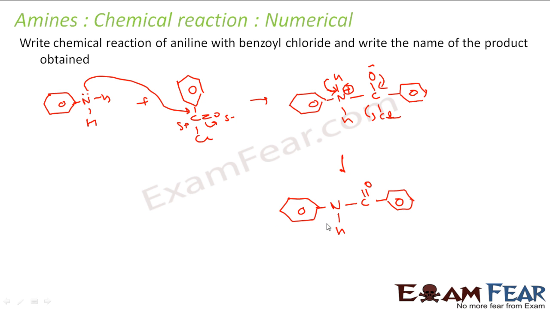This will be N-phenyl and this will be benzamide. N-phenylbenzamide. That is the output. So this nitrogen attacked this carbon, got a negative charge, came back, chlorine went off. Nitrogen had a positive charge, somebody has to go because nitrogen is an electronegative element and doesn't want a positive charge. This hydrogen is a good leaving group, it left. We got this compound.